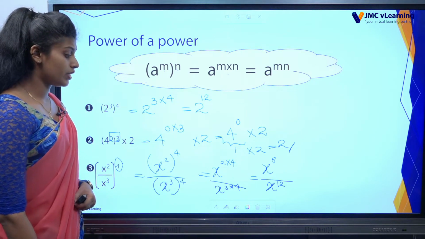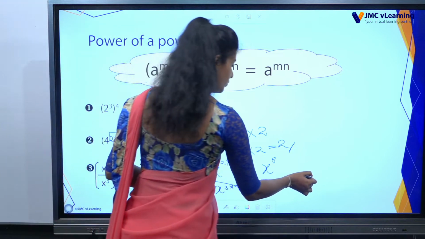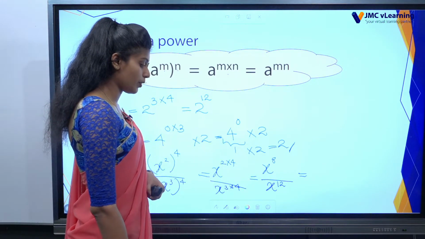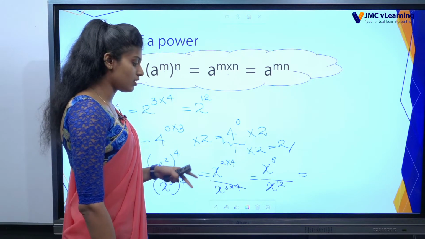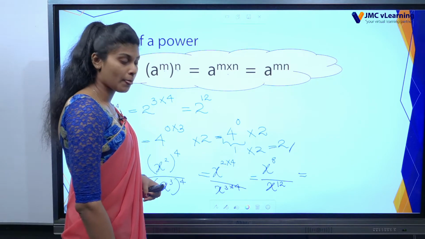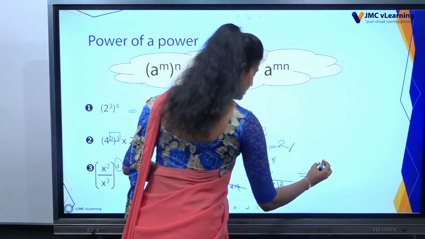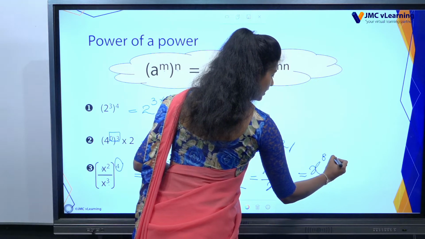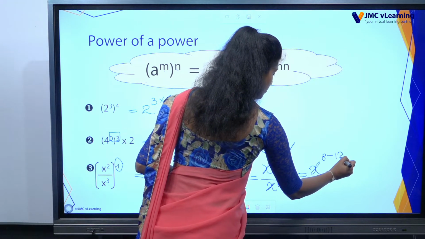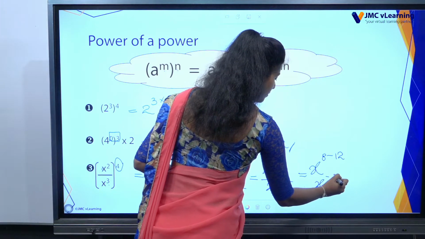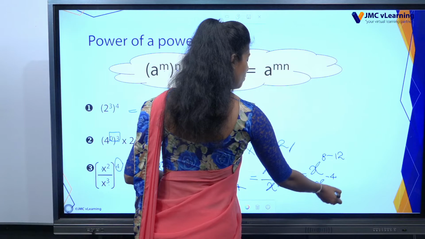Earlier we did these questions. Then x^8 divided by x^12. x is the common base, so the powers are different. What do you have to do? You have to subtract the indices. Then x to the power 8 minus 12. What is the answer? x to the power minus 4.